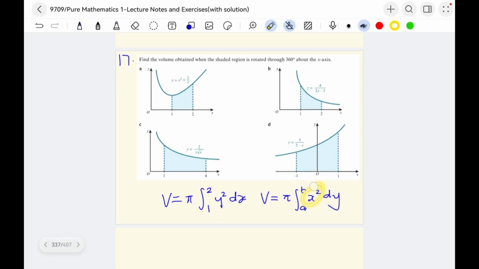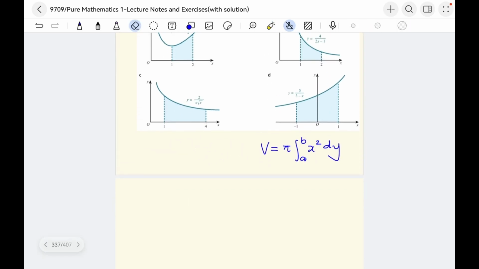Why? x is our radius already, and pi gives the area of the disk. dy is the width, and the sum of the widths dy from the given interval is the height. Like we are determining the cylinder, but this time it's not a cylinder because the curve is not constant, I mean non-linear.